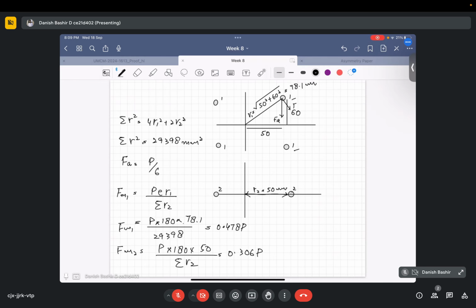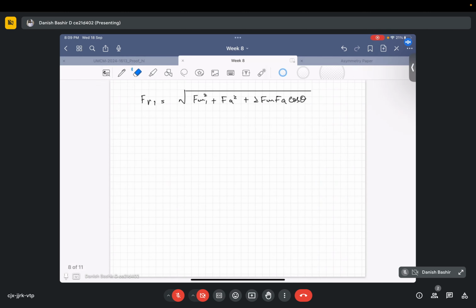Theta is the angle between them, so tan theta will be equal to 60 by 50, or theta will be equal to tan inverse of 60 by 50. I hope you guys are following me.